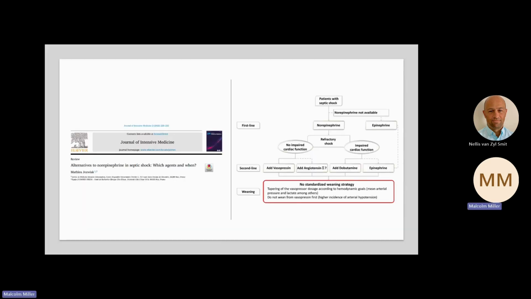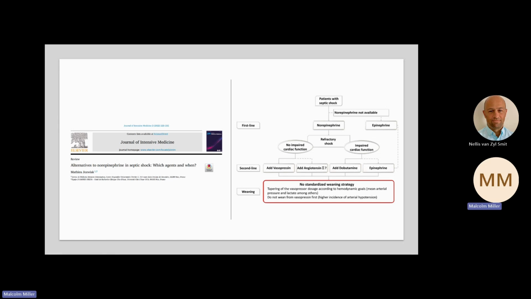I think this slide I really just put in to illustrate that there's obviously a big push to using alternatives to noradrenaline, and maybe not alternatives, but when to use and introduce a second-line agent. And this review paper really just recommended that one wouldn't wean the vasopressin first.